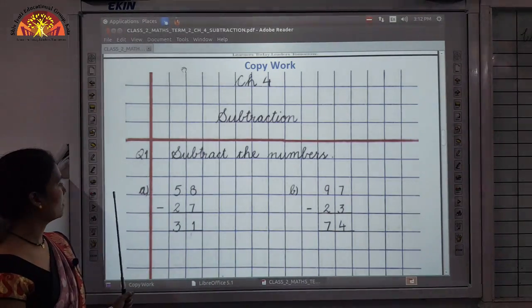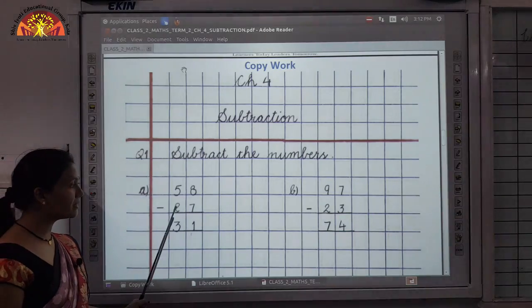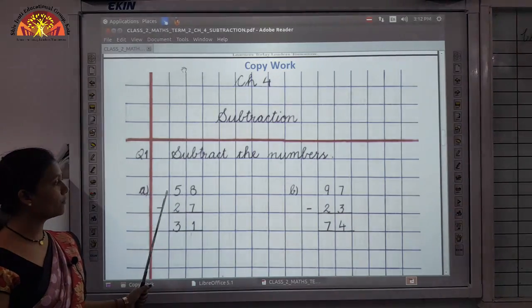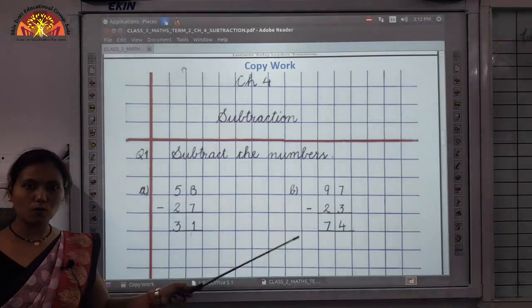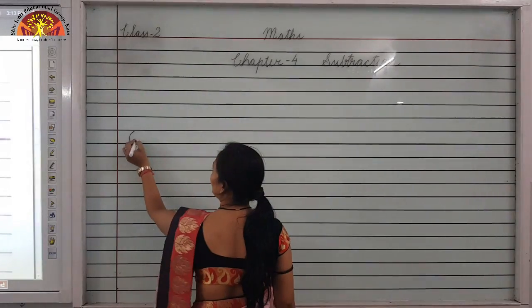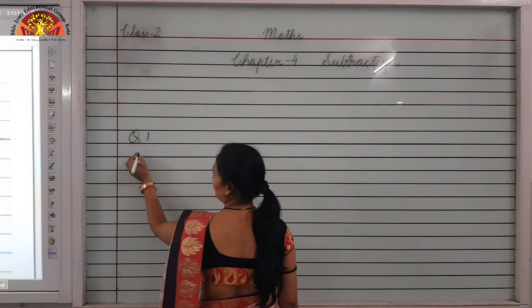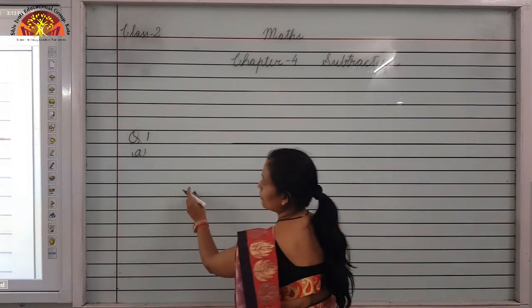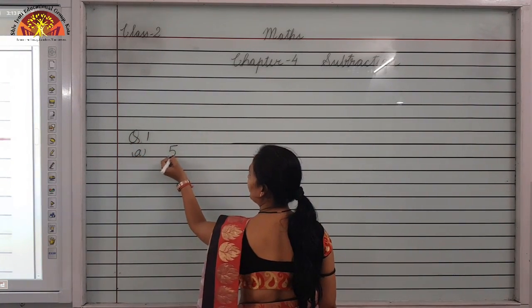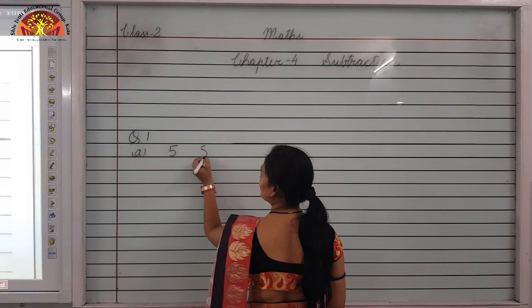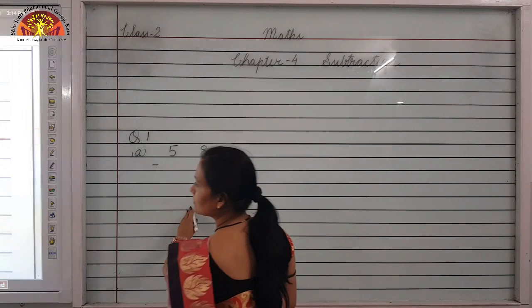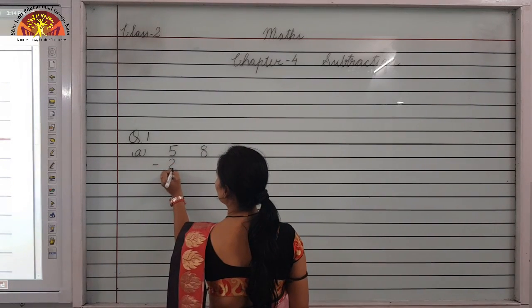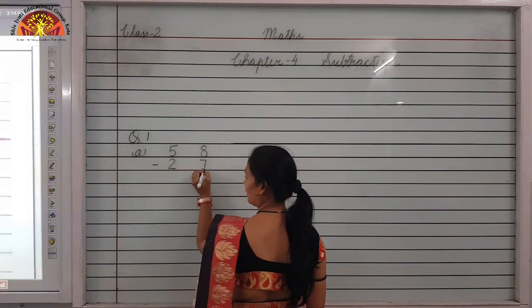A. You have to subtract 27 from 58. So we will do this on board. Question number 1. A. 58 minus 27.